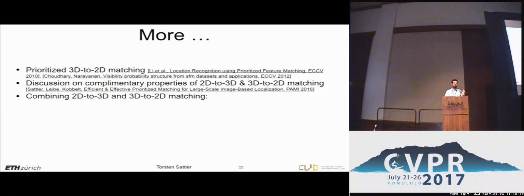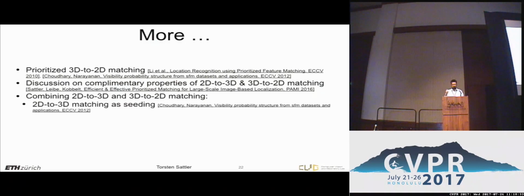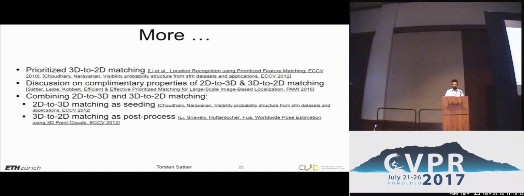And this idea of combining both search directions is not exclusive to this active search paper that I presented, but it was also used in slightly different forms by two other papers published at the same time. One where you use 2D to 3D matching as a seeding for the backmatching step and only do backmatching. And the other where you do 3D to 2D matching only if you don't get enough matches for pose estimation. So you would only do it if pose estimation fails.